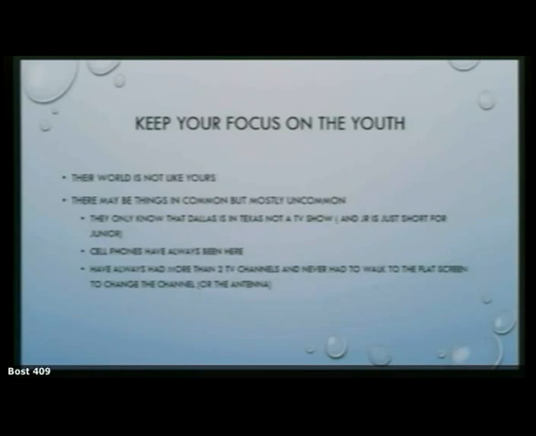Also, they have always had more than 2 TV channels, and they've never had to walk to the flat screen to change the channel or the antenna. Now, you may think these are comical, but they're very true.